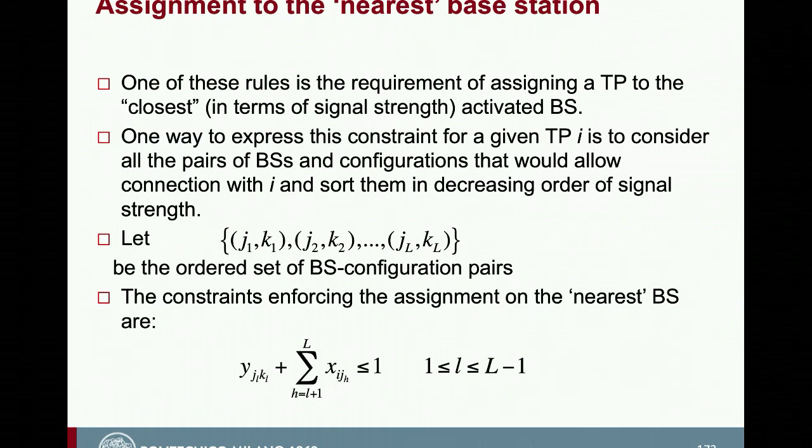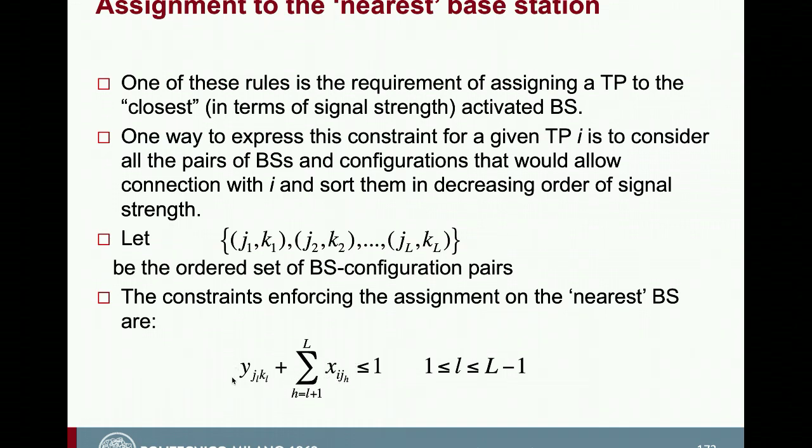So we have a ranking, and in order to force the assignment with variables x to the first one in this vector where we do install a base station in our decision model, we can use this set of constraints. This set of constraints is basically used for forcing the decision on variables x.